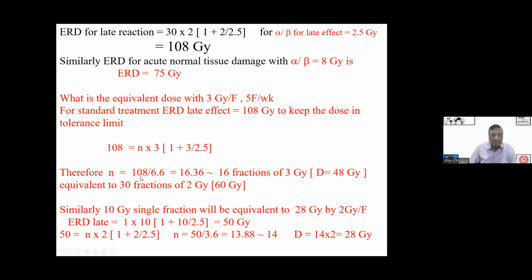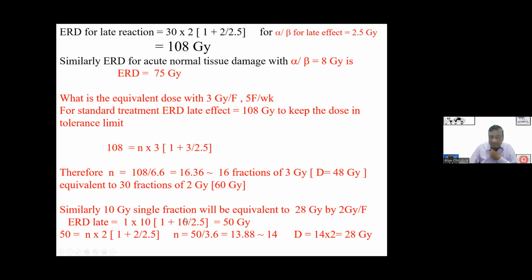Therefore, n is equal to 16.36. So 16 fractions of 3 gray, that is 48 gray, is a radiobiologically equivalent effect to 30 fractions of 2 gray, that is 60 gray. So this is how we can calculate and use it.